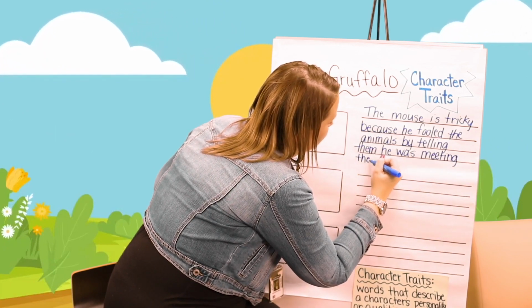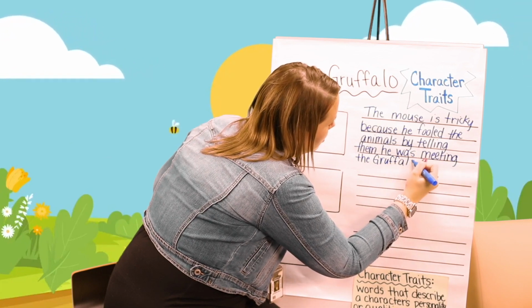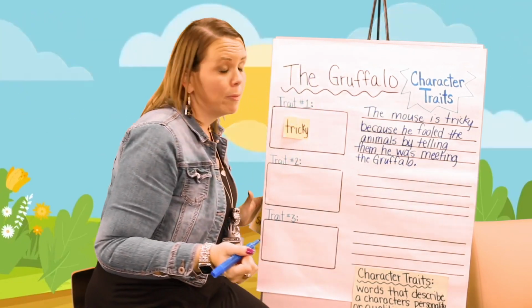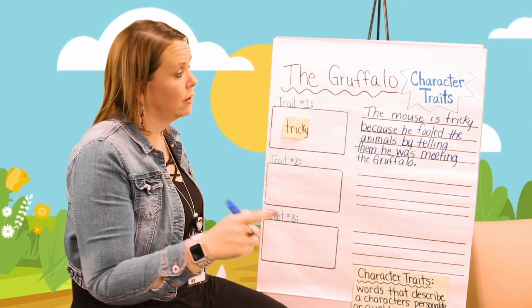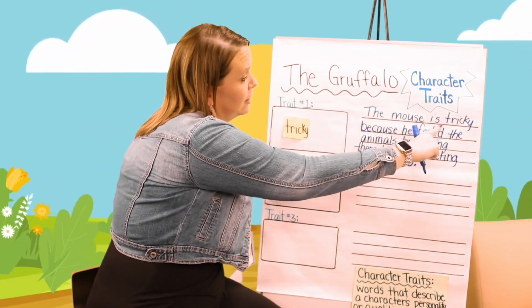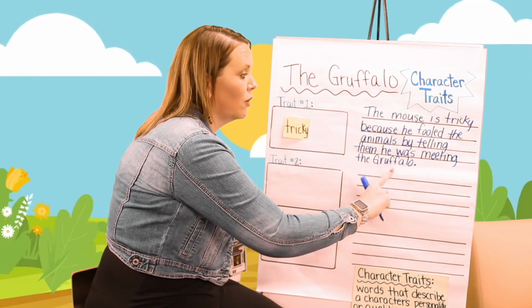Ran out of lines. That happens all the time to us, doesn't it? So remember that all sentences start with a capital letter and end with a punctuation. So I said, the mouse is tricky because he fooled the animals by telling them he was meeting the Gruffalo.